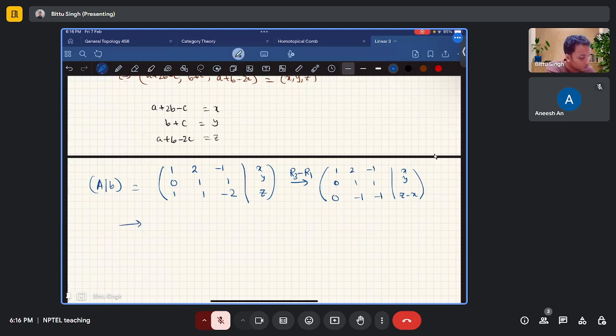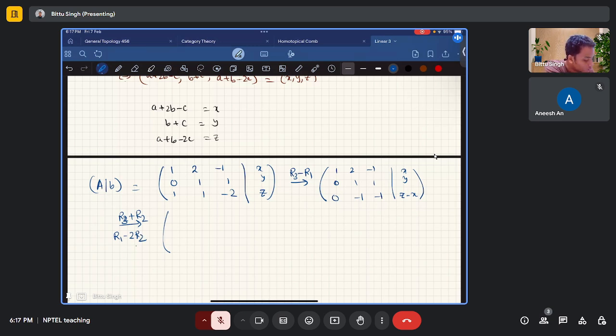Now R3 plus R2, so that we can cancel this, and also R1 minus 2 R2. We should perform those operations.